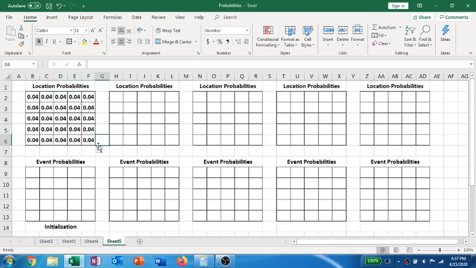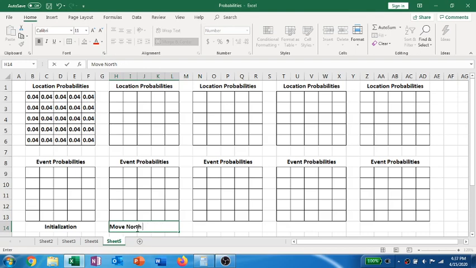Now let's say a robot knows its orientation. It knows if it's facing north, west, east, or south. So let's say that the robot is able to move north 1 space.